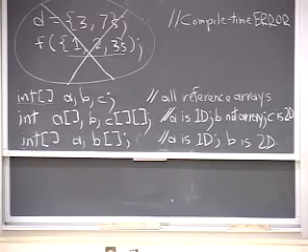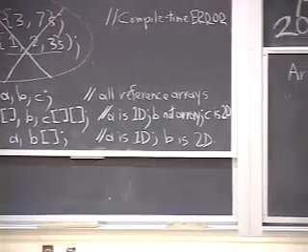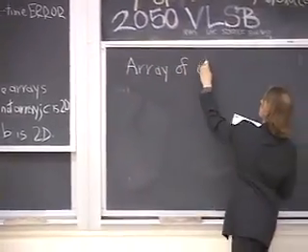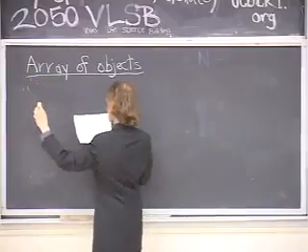All right. So Java can magically create an array of arrays for you. It's important that I warn you that it won't necessarily do the same thing for an array of objects. You can declare an array of objects, you can create an array of objects, but Java will not automatically create the objects for you.